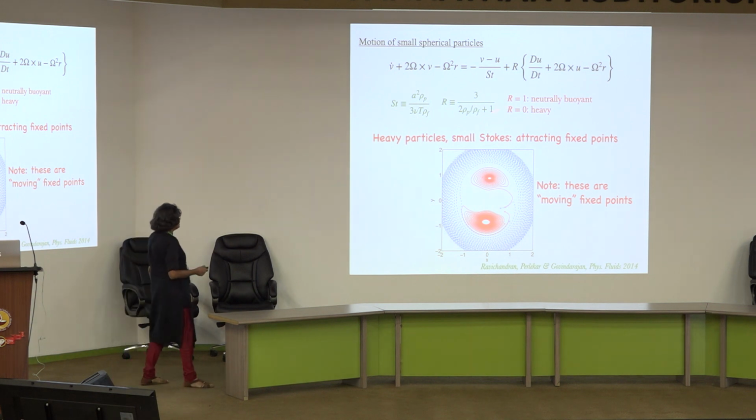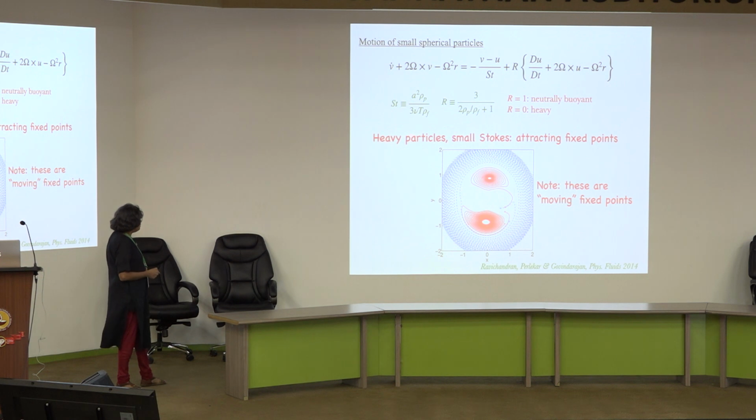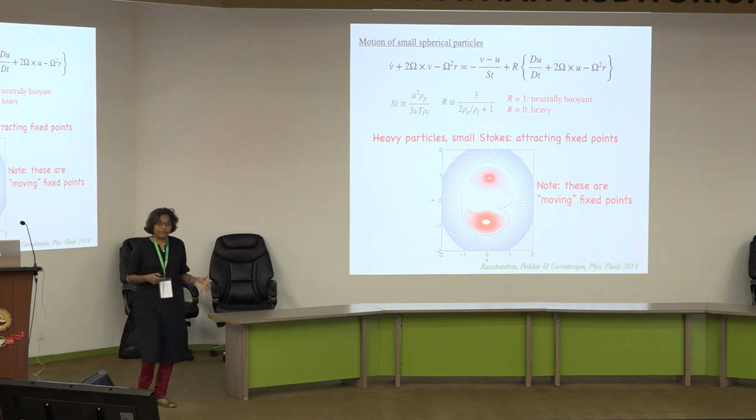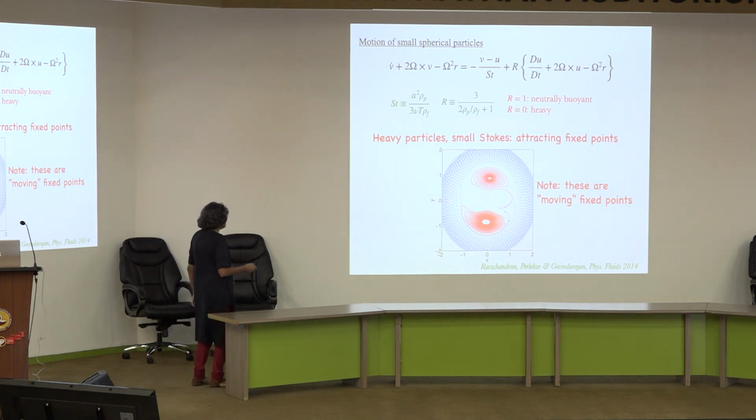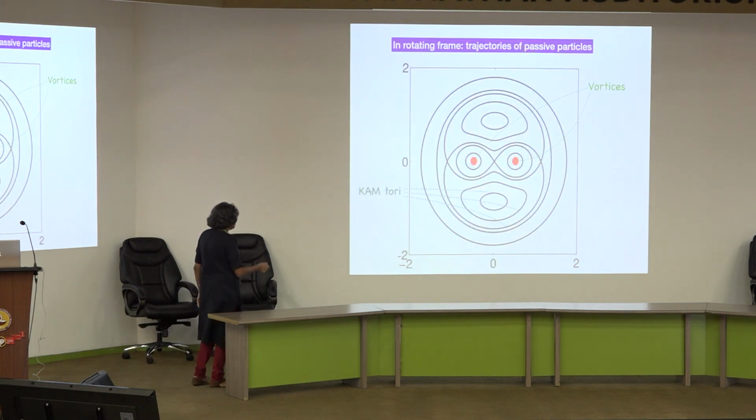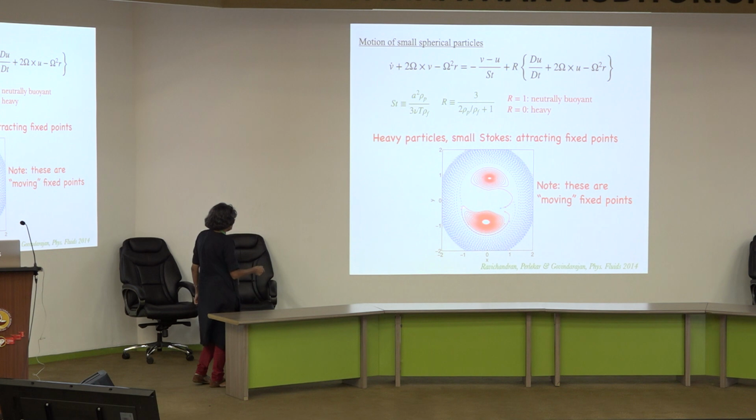So first let's consider heavy particles where R equal to 0. Heavy particles, small Stokes. Already you see a big difference. Earlier it was KAM tori, right? Instead of KAM tori, you are getting attracting fixed points up and down. This thing, which was a KAM torus over here, let's look at that one because we are doing the top, has become this, and this has become this.